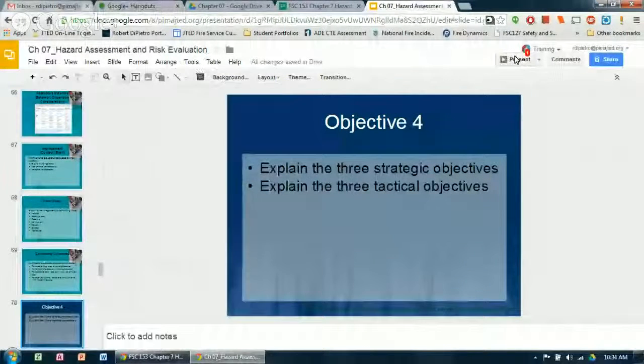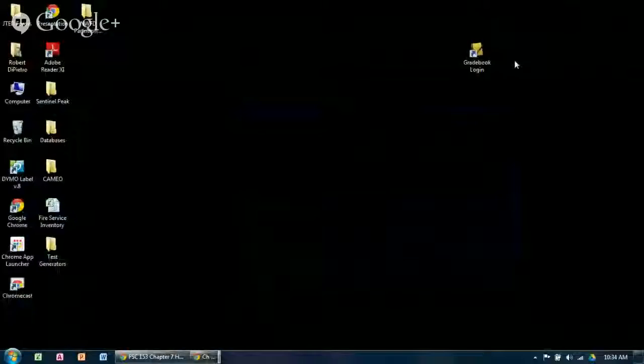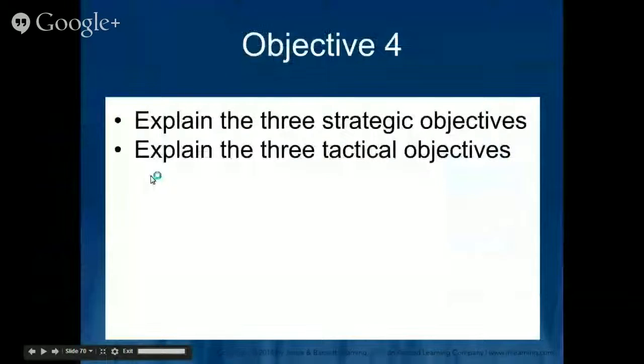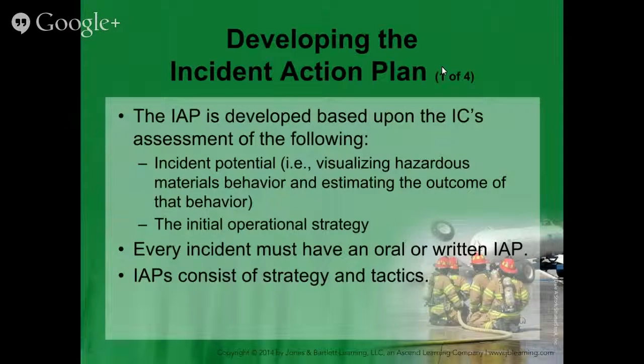Okay, part 4. We are going to put together an incident action plan, and you better know this first objective. We're going to explain 3 strategic objectives, and then we're going to get into 3 tactical objectives. Hopefully our bottom line is to try to make this problem go away.